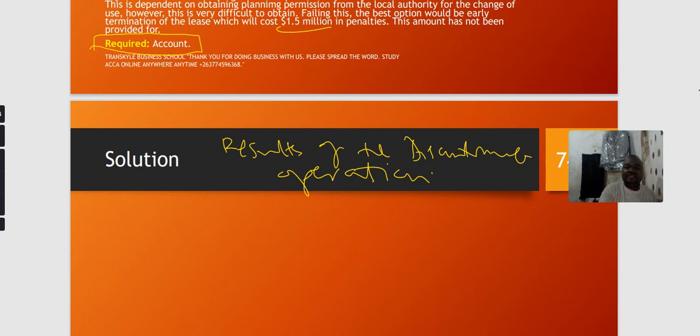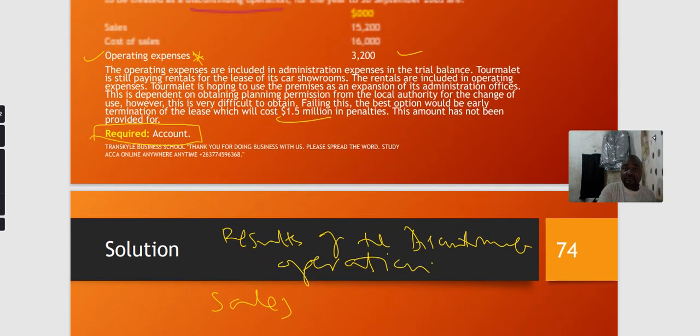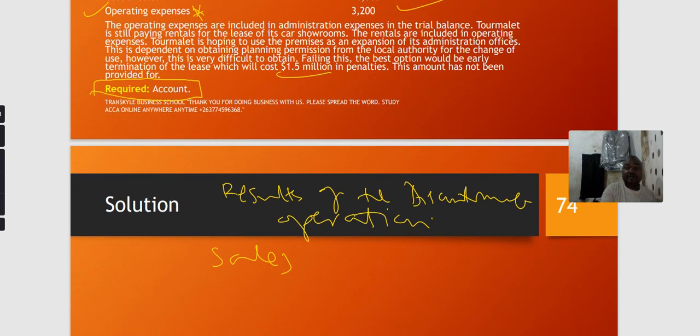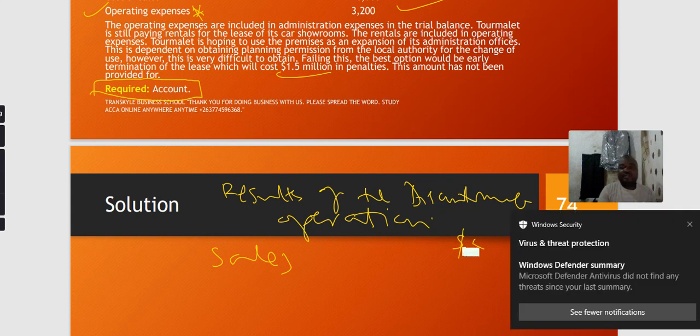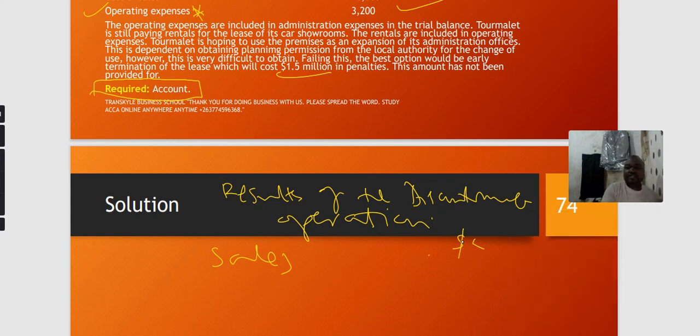Okay, so we are having the sales. The sales is 15,200,000. Sorry, I wanted to put the denomination.